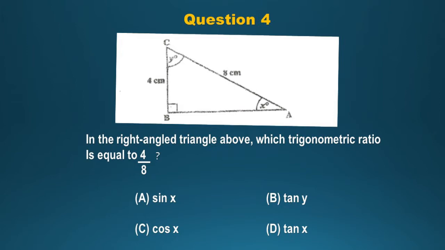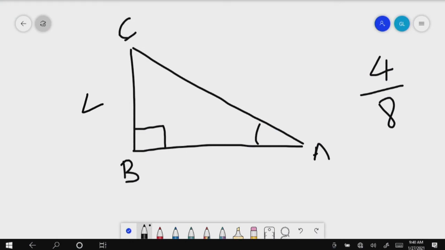The question reads: in the right angle triangle, which of the trigonometric ratios is equal to 4 upon 8? They give us these dimensions, 4 cm and 8 cm. In reference to the 2 angles given there, we have y and x.